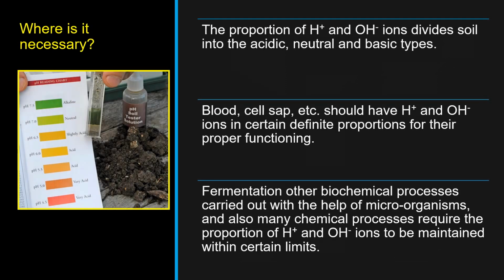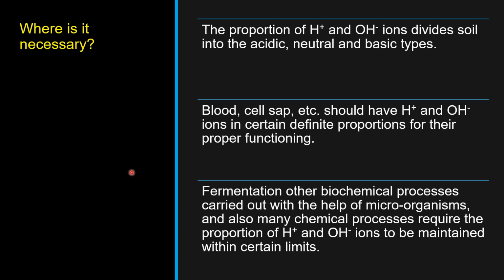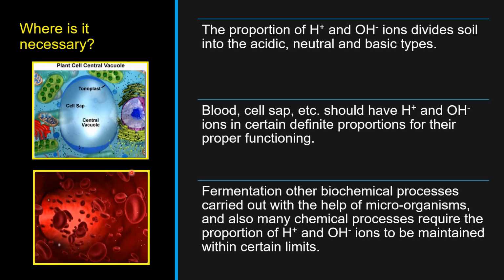Let us find out where pH is necessary. First, the proportion of H plus and OH minus ions divides soil into acidic, basic and neutral types. So there are three types of soils: acidic, basic and neutral. According to the soil type only, we can decide what kind of crop grows in it. Then next thing is your blood, the cell sap. Cell sap is a liquid that is present in the vacuole of a plant cell.